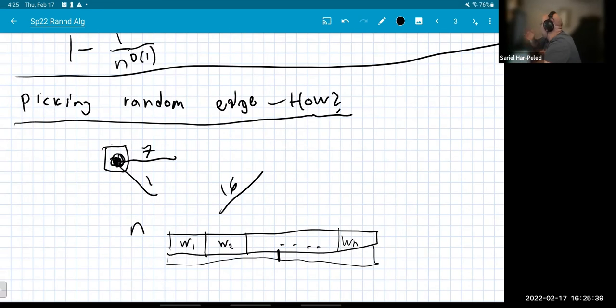Once we pick the random vertex, we look at all the edges adjacent to it, and we're going to pick the edges according to the weight in this list. Again, this list is of linear size, at most n, so this can be done in O(n) time. So in O(n) time, we can pick a random edge according to multiplicity. The only thing that is now complicated is that when you do the contraction, you have to maintain the weight of the vertices, right?